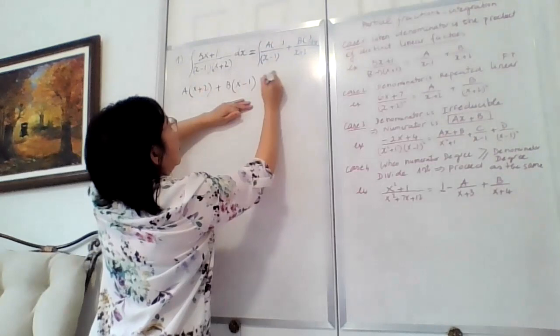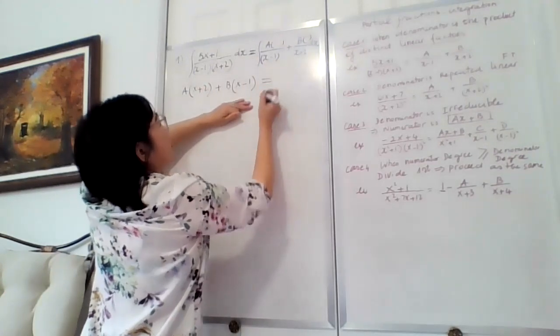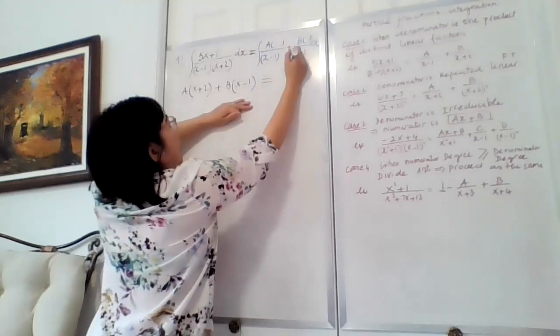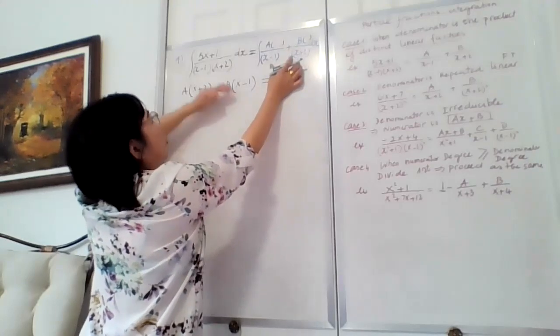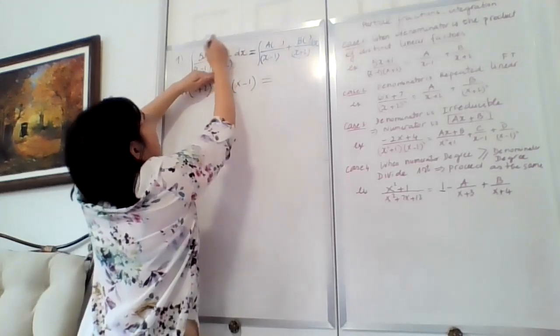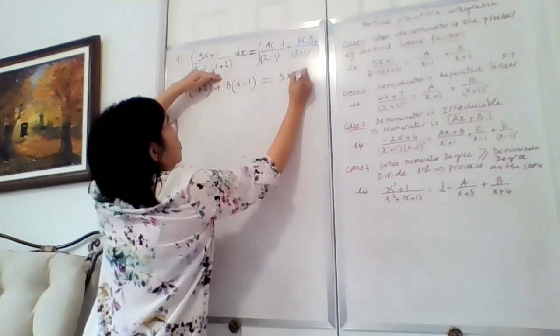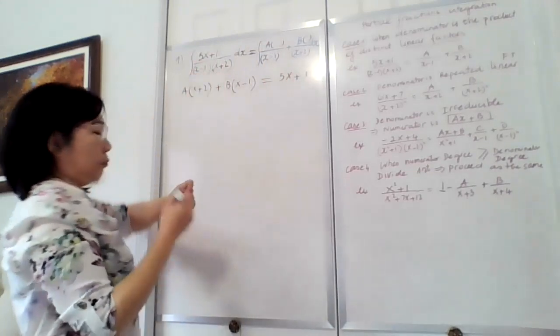So this is how it looks. Once I do it like this, they have a common denominator at the bottom, but the numerator will be equivalent to the top here, which is 5x plus 1.